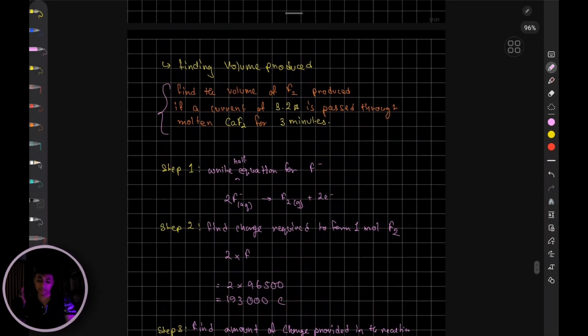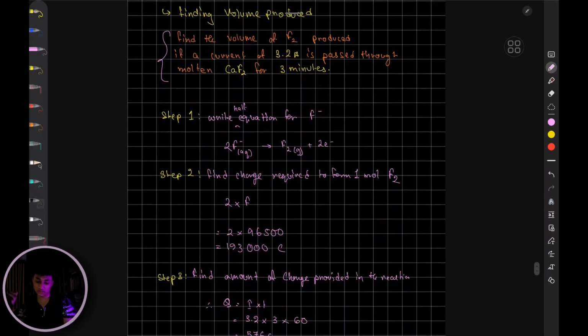So first step, write the half equation that is taking place for the fluorine gas. So you have 2 moles of fluoride ions, releasing 2 moles of electrons to form 1 mole of fluorine gas. Mind you, even if it is F2, it is 1 mole of fluorine gas. So don't get confused. Right, now find the charge required to form 1 mole of fluorine gas.